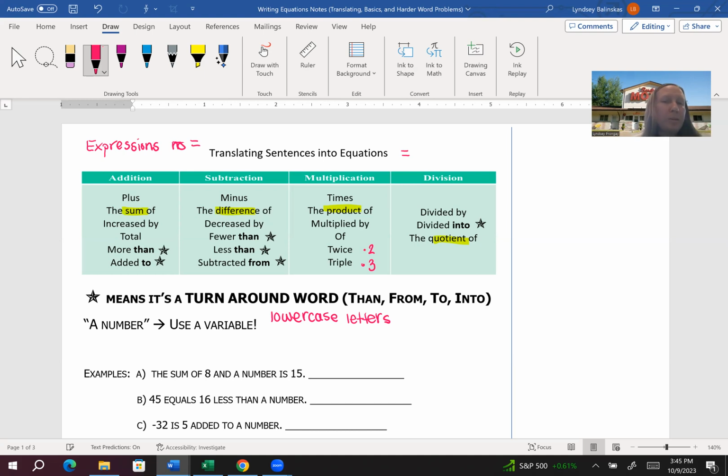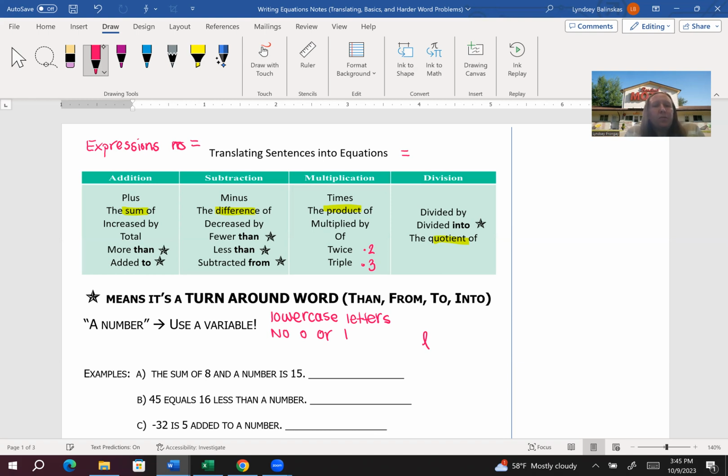However, my recommendation, do not use O. That looks like a 0. And do not use L because that looks like a 1. If you absolutely need to use L because maybe you want to do L for length of a rectangle, the best thing is to do a script L like that. But in general, try to avoid O or L.